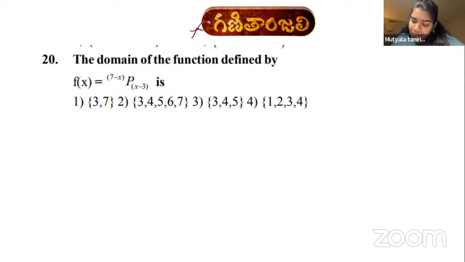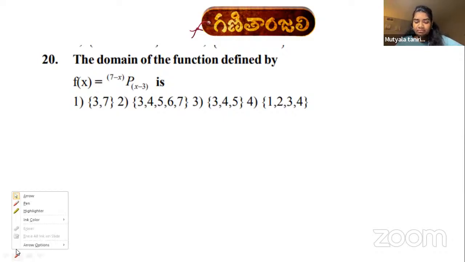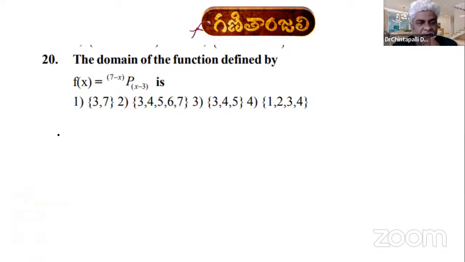We discussed permutations. In permutations only integers are taken. That's very important. nPr is the number of ways of arranging n things in r places, right?